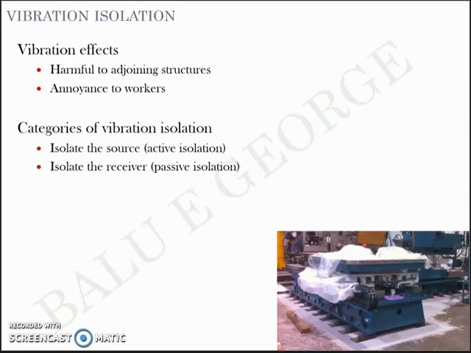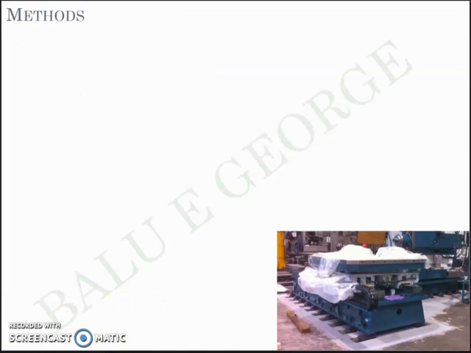Active is when you isolate the source of vibration, and passive is when you isolate the receiver of the vibration. For example, when you have a machine here and a building here, if you isolate the machine, it's called active isolation, and if you have some mechanism to isolate the receiver, which is the building, it's passive isolation. Now the methods of isolation can be as listed here.